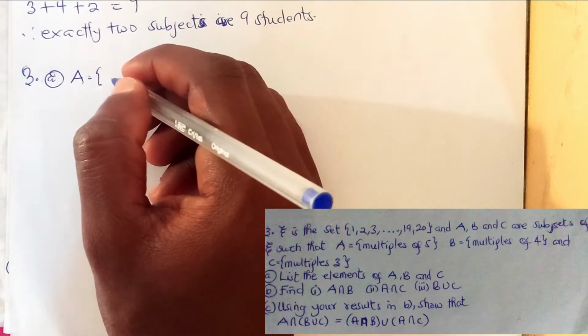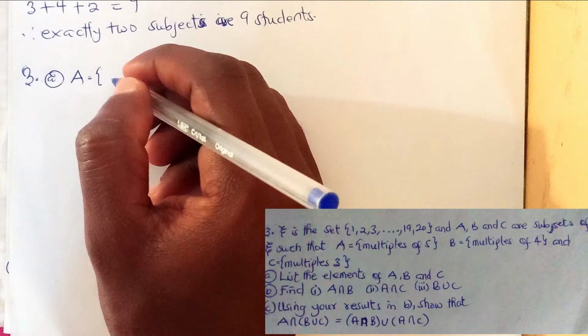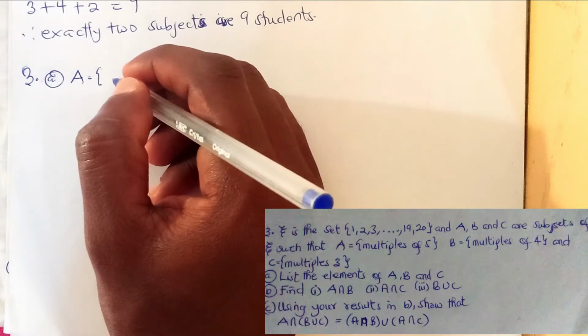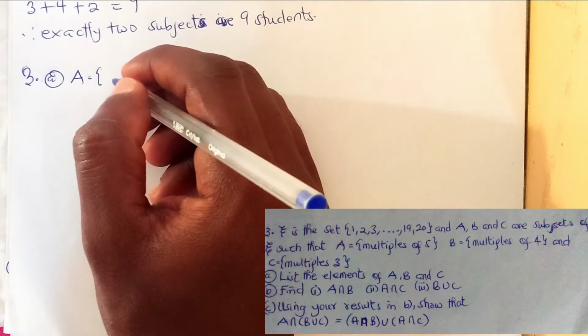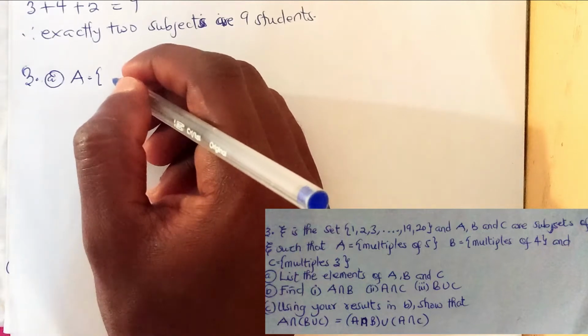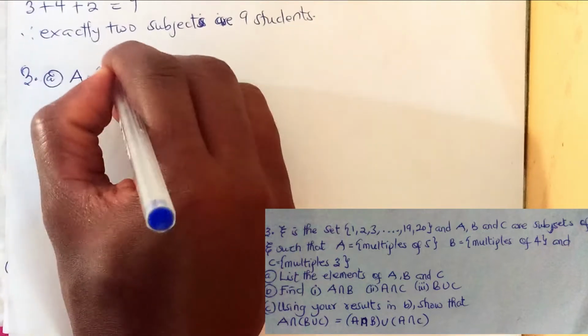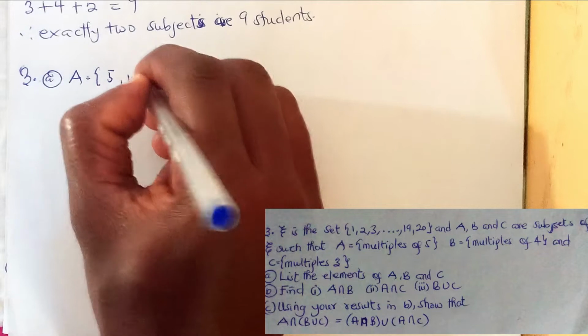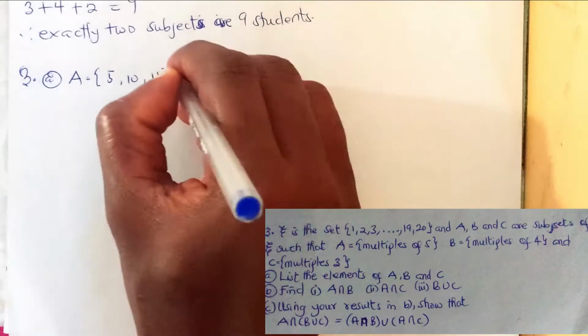So the elements that are multiples of 5, that's set A, should be between 1 and 20. We have 5, 10, 15, and 20.